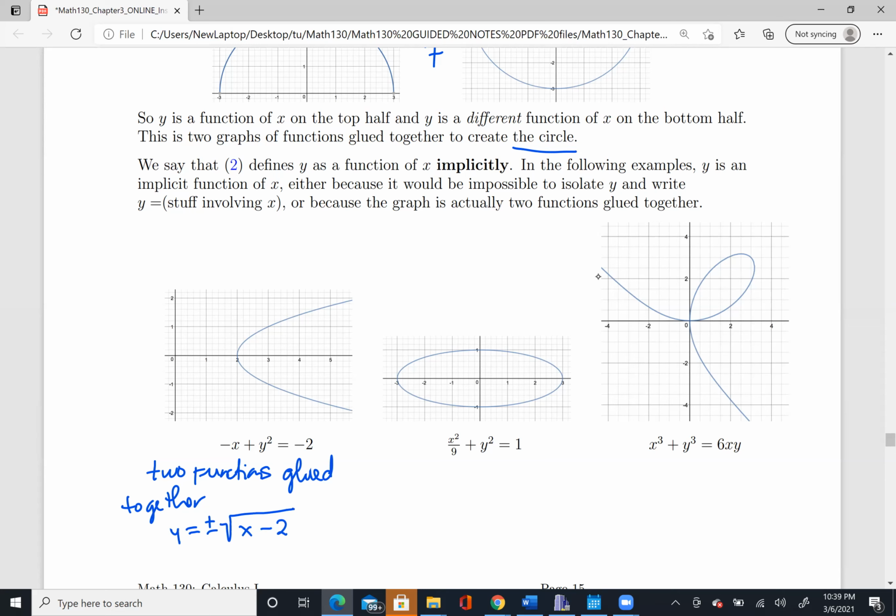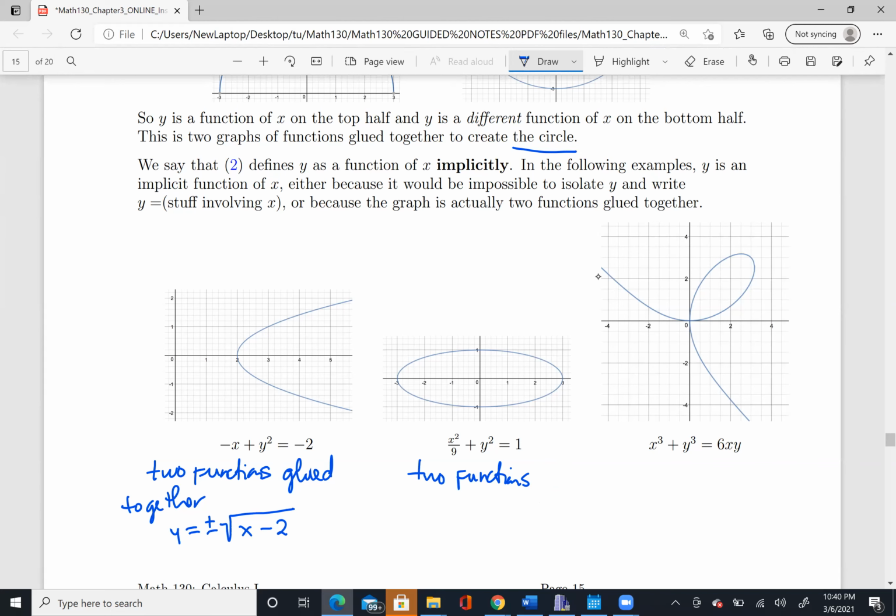What about the middle one? The middle equation is also two functions glued together: y equals positive or negative square root of 1 minus x squared over 9.